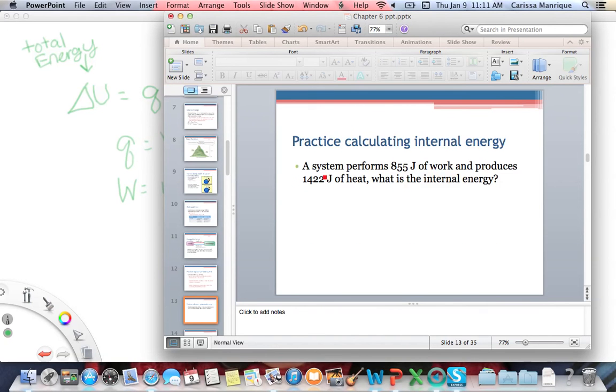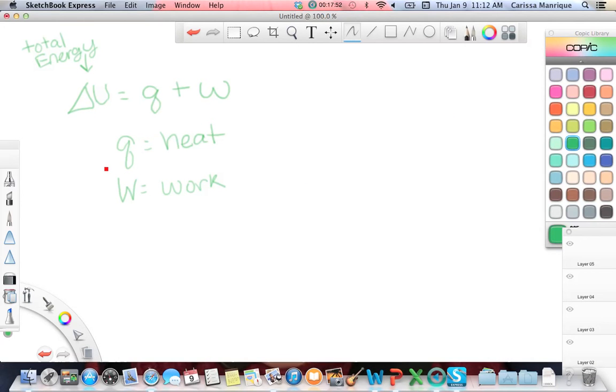Let's also look at this here. A system performs 855 joules of work. So it performs work. Do we want to perform work? No, that's bad. We're lazy. So that means work is negative. Let me write this down. Work would be negative 855 joules. We don't want to do work.